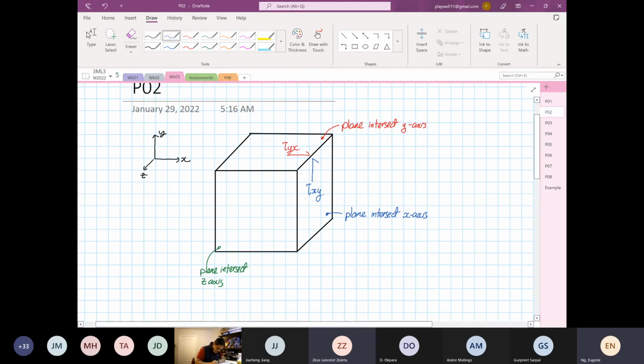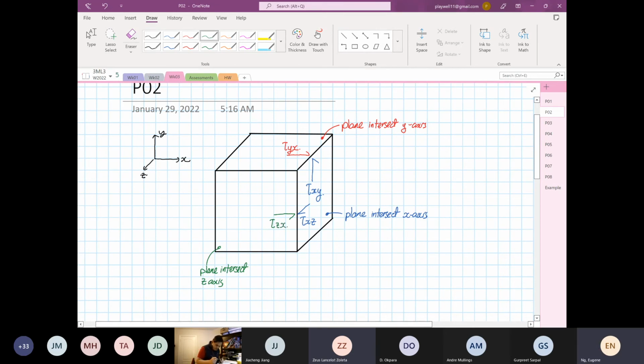Okay, and let's do another one. Over here, now the shear stress is in the z direction. So the plane intersects the x-axis, and the shear stress is in the z direction. The next one, right? This is the shear, the plane intersects the z-axis, the shear stress in the x direction.